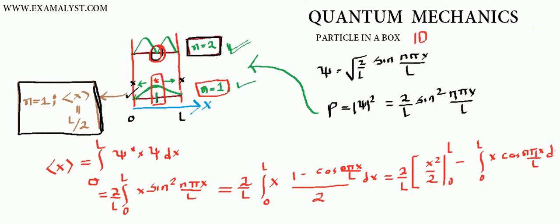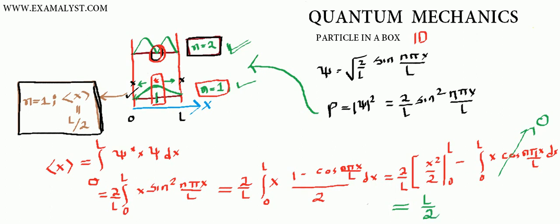Agreed? Now I will not solve this step. Let me tell you that this will go to 0 when you solve it, and you will be left with only L divided by 2.